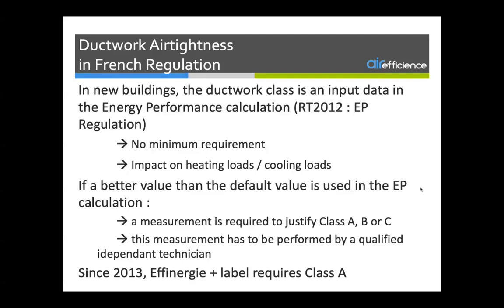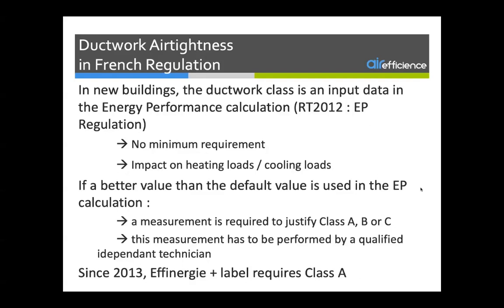If a better value than the default value is used in the EP calculation, a measurement is required to justify this better value, class A, class B, or class C, and this measurement has to be performed by a qualified independent technician.